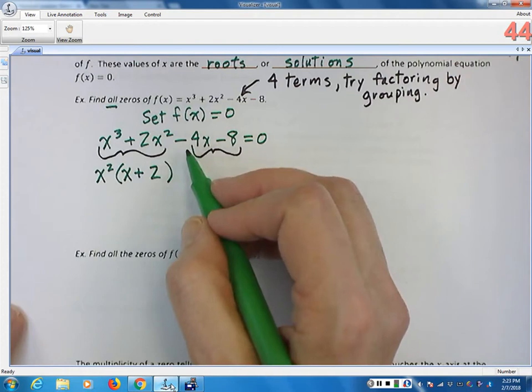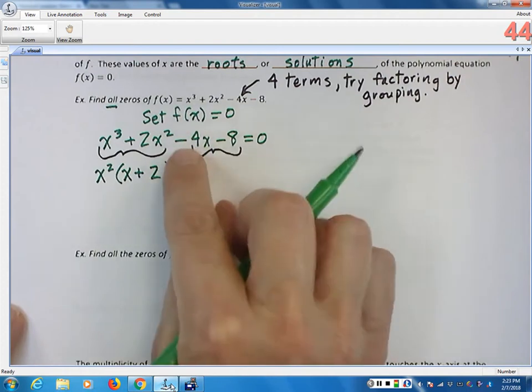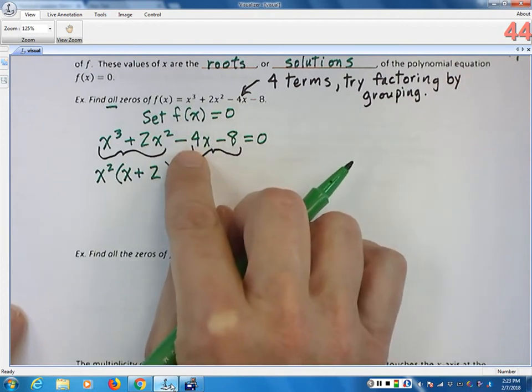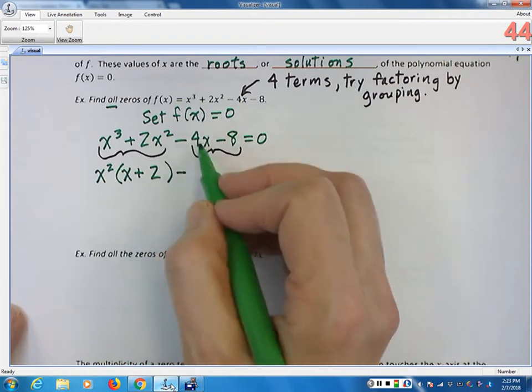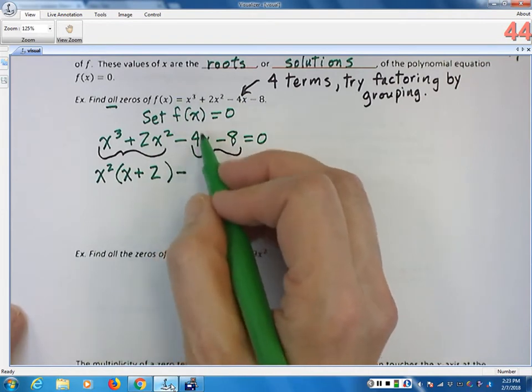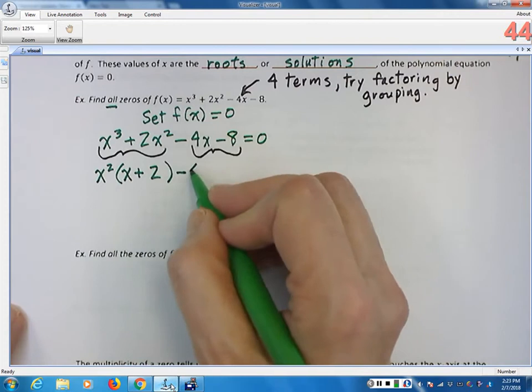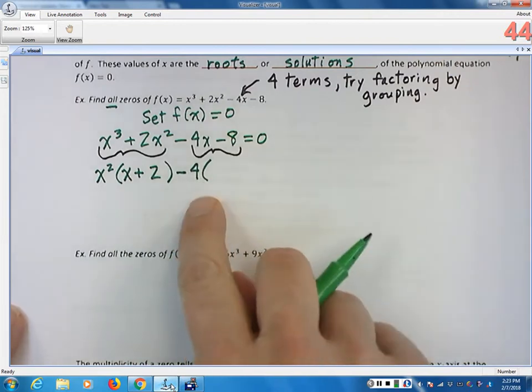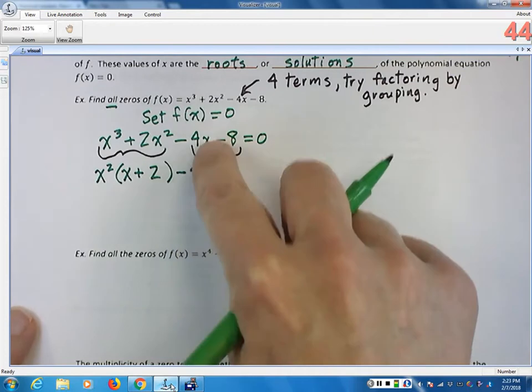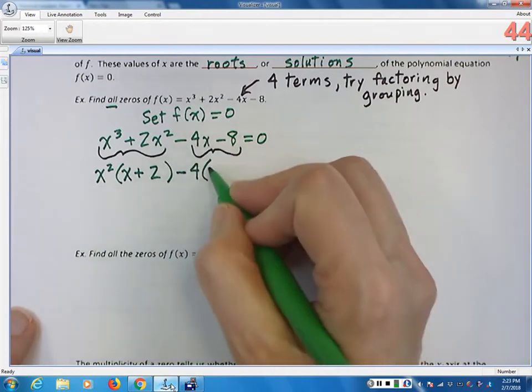And then, if there's a negative sign in front of your first term, you need to factor a negative out to make it positive. So we're going to factor, and the greatest common factor between 4x and 8 is 4. We're going to factor a negative 4 out. So what times negative 4 equals negative 4x? That's an x.